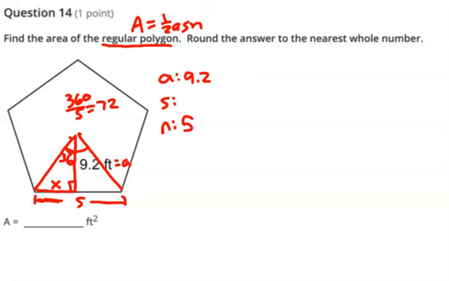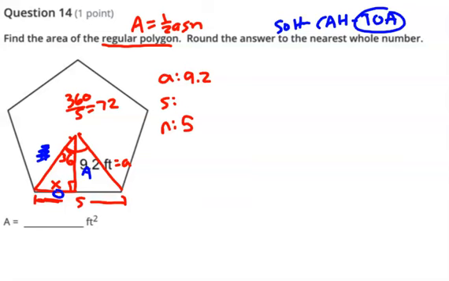In this triangle, I'm using SOHCAHTOA. X is called the opposite side. 9.2 is called the adjacent side. When I use SOHCAHTOA, that leads me to select tangent, because I have the opposite side and the adjacent side. I don't need this hypotenuse for anything.